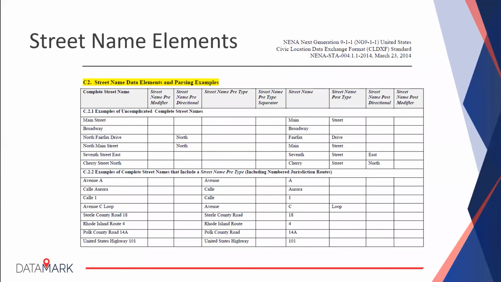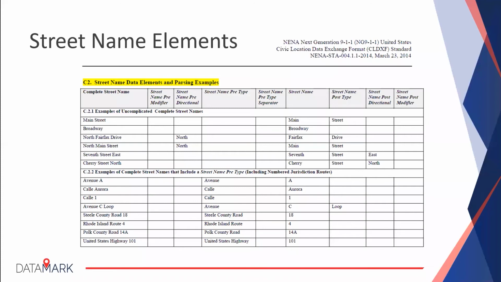Moving into the examples here of street name elements, you see that there are many ways. On the top, C.2.1 shows your typical examples, or your uncomplicated examples as the document refers to them: street name and street name post type, maybe with a pre-directional, maybe with a post-directional. But there's a myriad of other complications that particularly involve using pretypes.